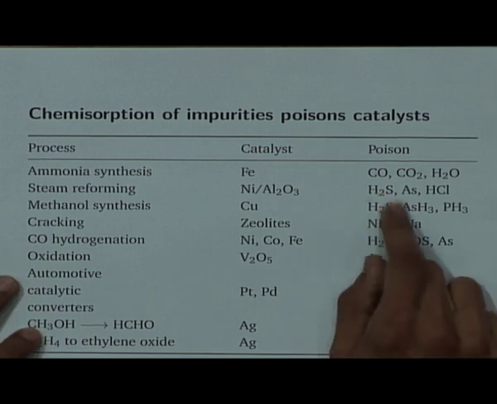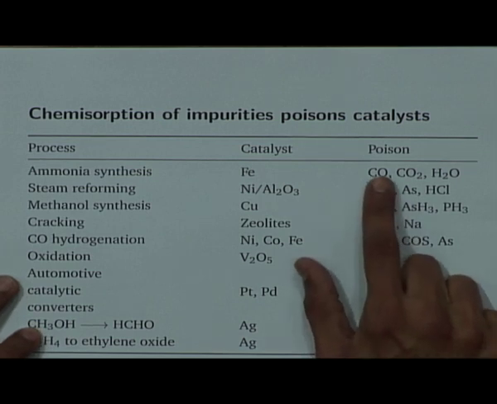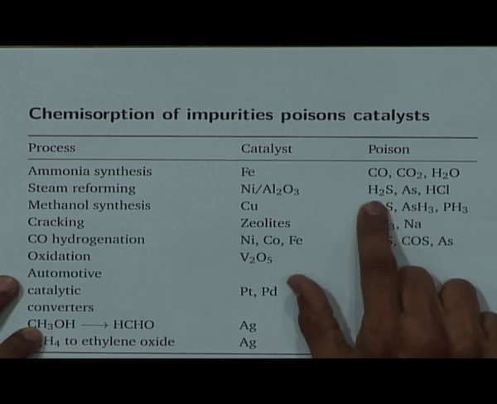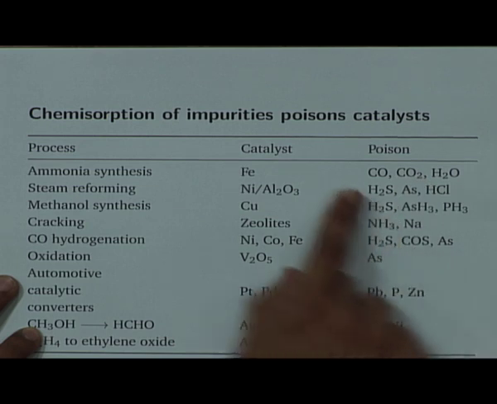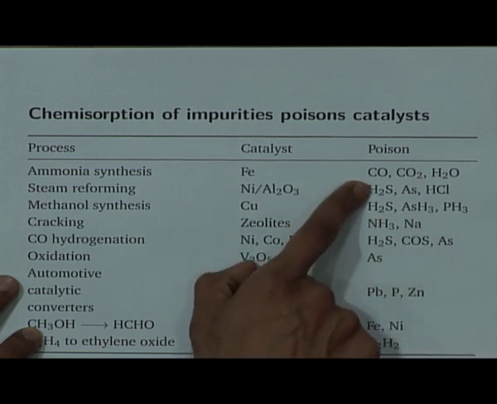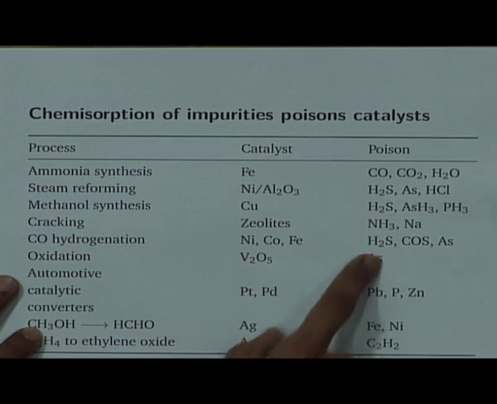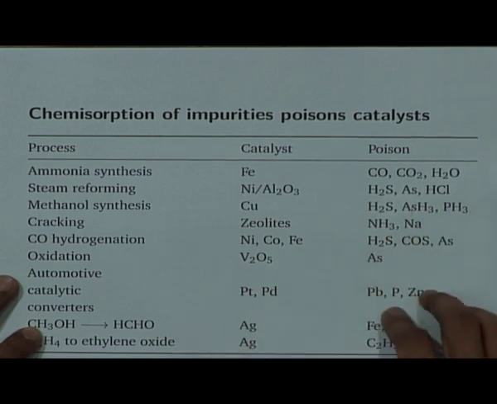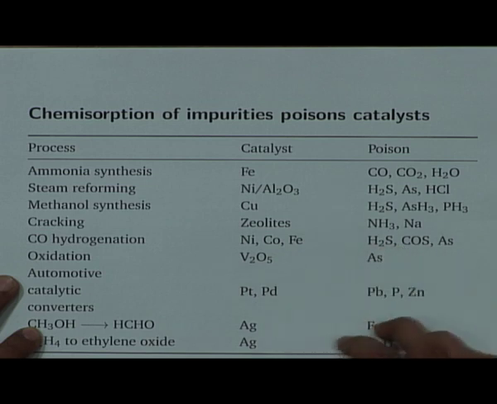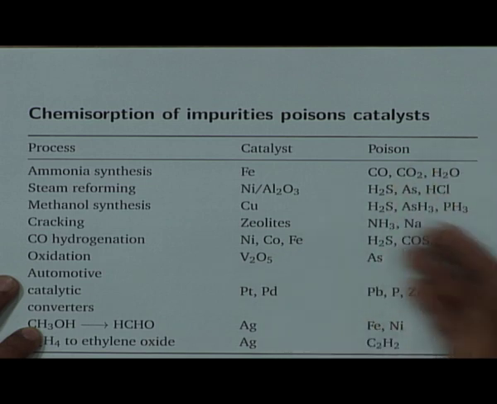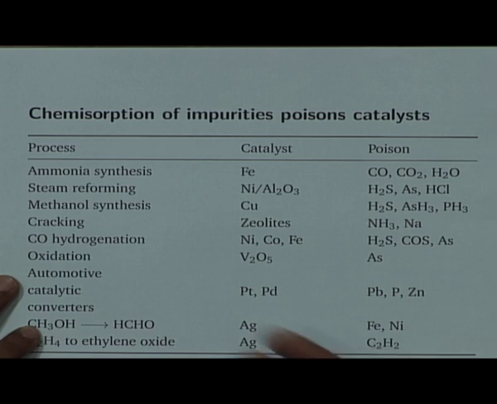And you will see some things here. You have gases, you have oxides of carbon, you have sulfur. Sulfur you will see is a common thing that figures in many of these because you have hydrogen sulfide in both of these, arsenic. So, these are things that will bind to the surface and cause poisoning of the catalyst. And these are various examples. I do not think you need to memorize it, but you get the general idea.